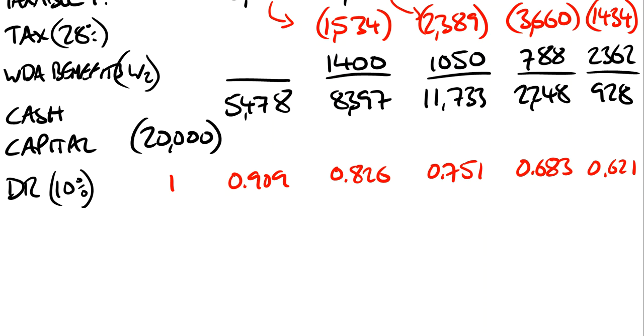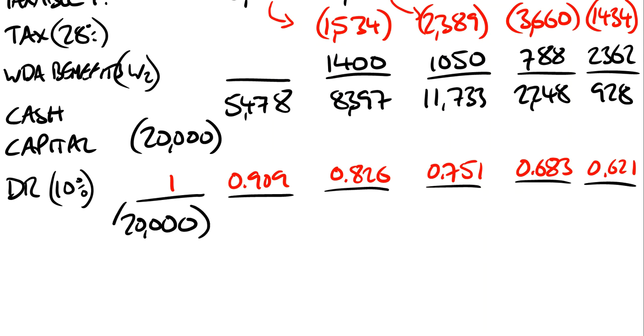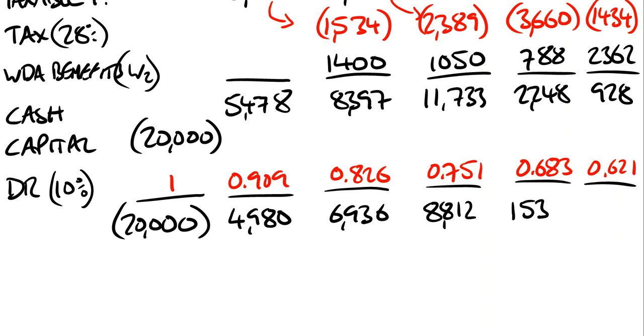So 10% discount rates. When we discount all of the figures here, the 20,000 remains the same, obviously, because it's not discounted, paid at the start. You've then got 4980. You've got 6936, 8812, 1537, or sorry, 1535 actually, and then 576.